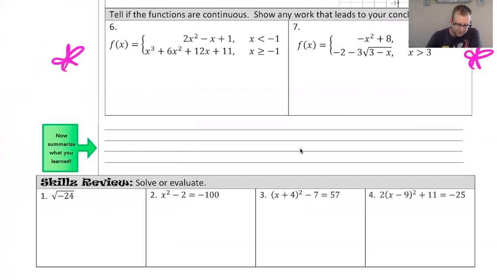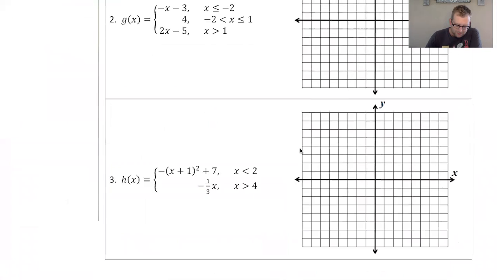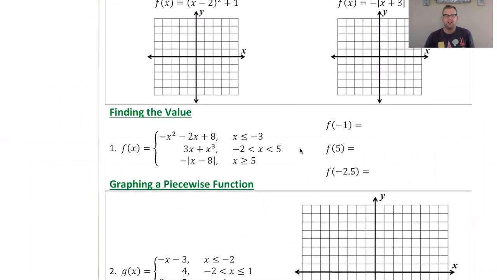So let's start off up here, finding the value. I'm given f of x is equal to, and then you see this nice little curly bracket. We're given a quadratic function for all x values less than or equal to -3. We're given a cubic function that is not written in standard form, but it is cubic over the domain -2 to 5.